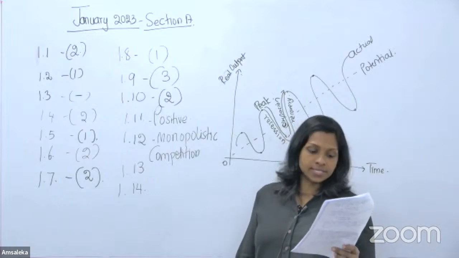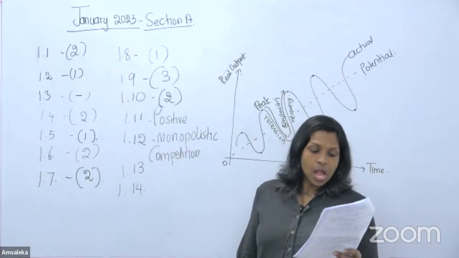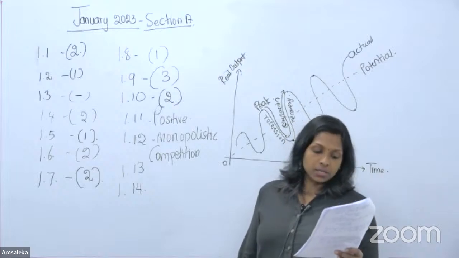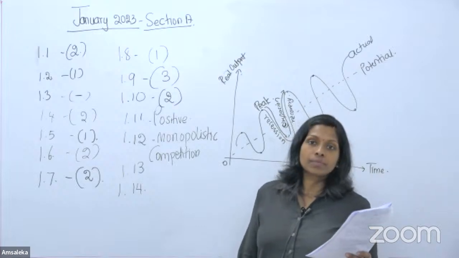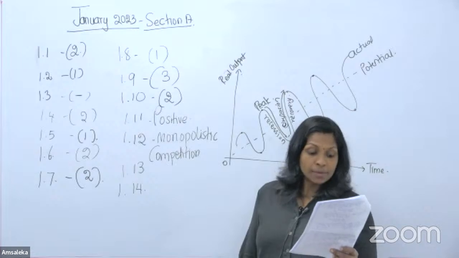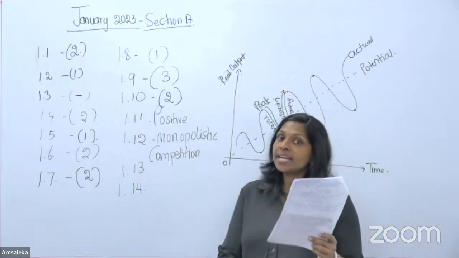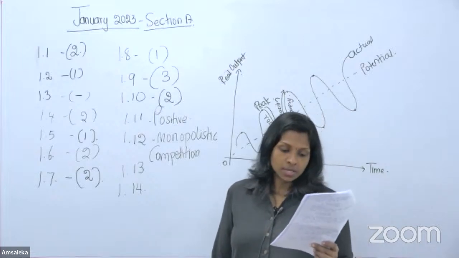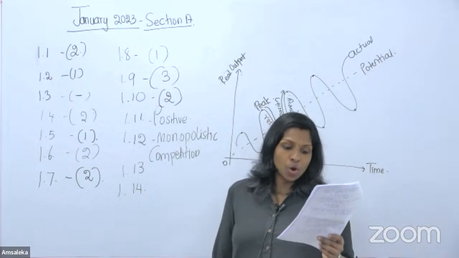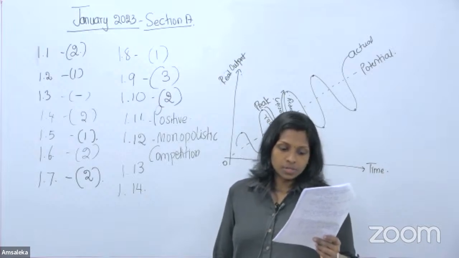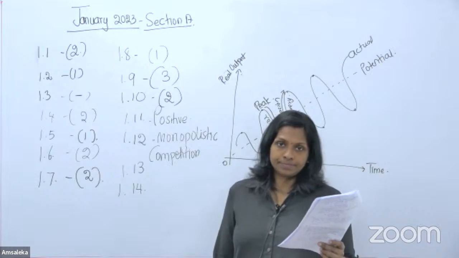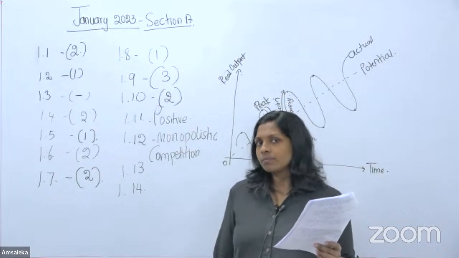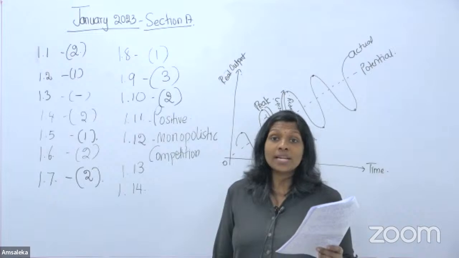Now, true or false? Aggregate of currency held by public. So, held by public is about what? Notes and coins plus demand deposit. Is it about broad money supply? No, narrow money supply.